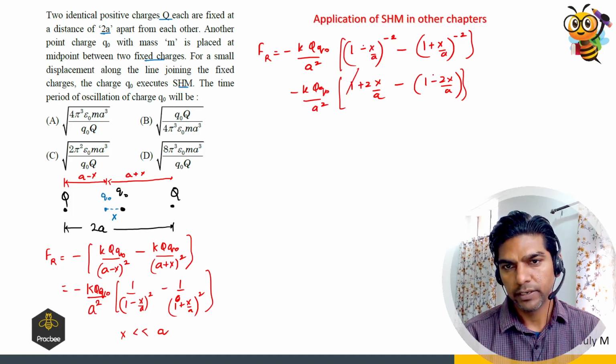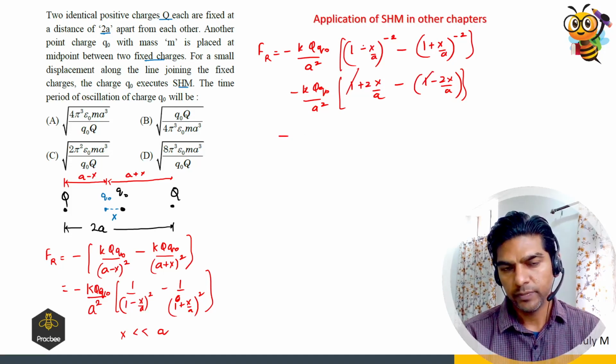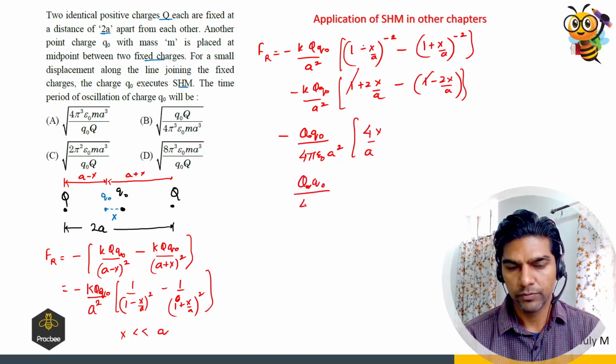So this 1 will get cancelled out, and we will get minus, and the answer is given in epsilon naught, so let me write k in terms of epsilon. It will be Q times Q0 divided by 4 pi epsilon naught times a square, times 4x by a, which is nothing but Q Q0 divided by pi epsilon naught times a cube, times x.